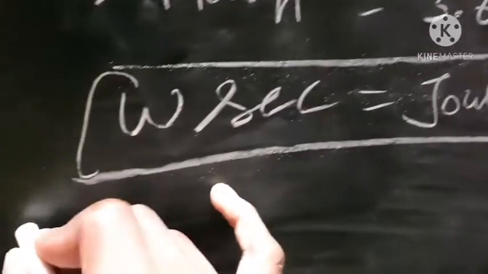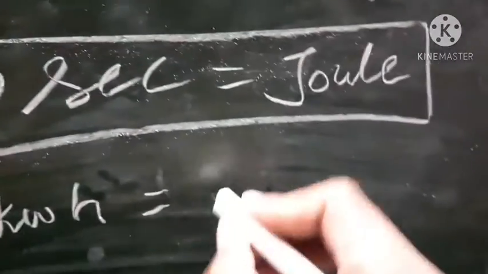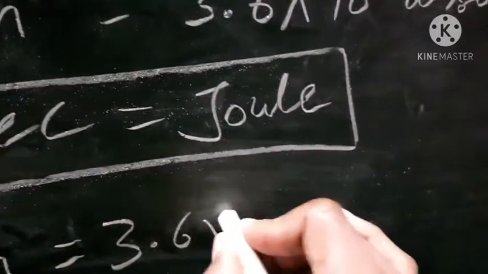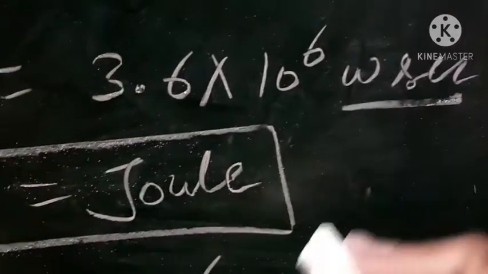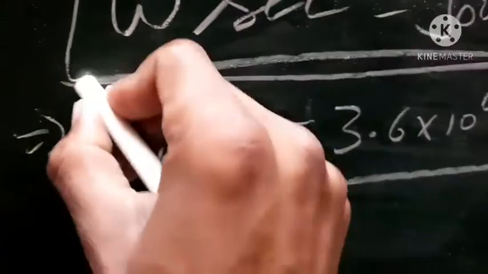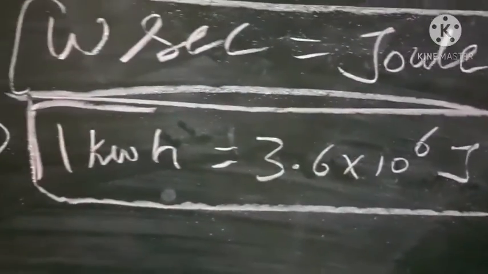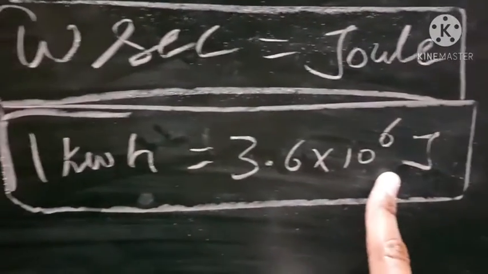So 1 kilowatt hour contains 3.6 into 10 to power 6 joules. This is the relation between kilowatt hour and joules.